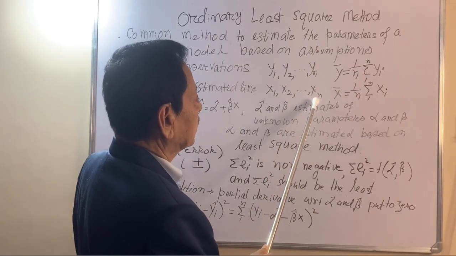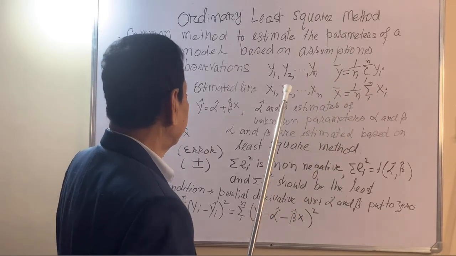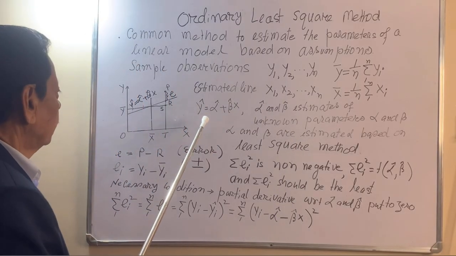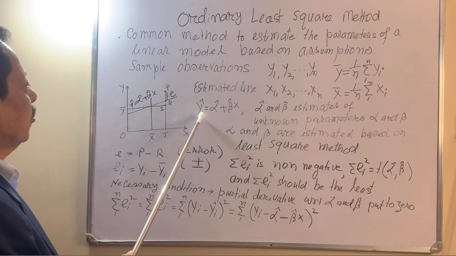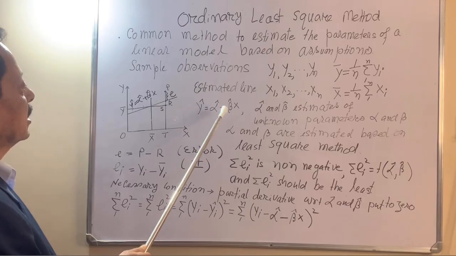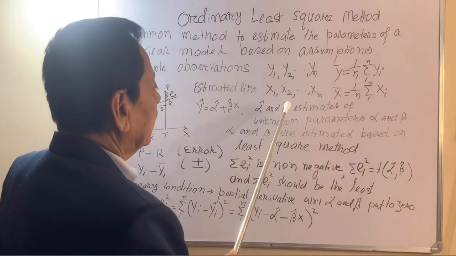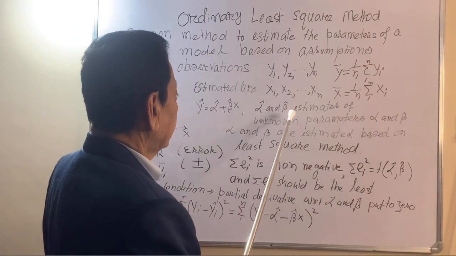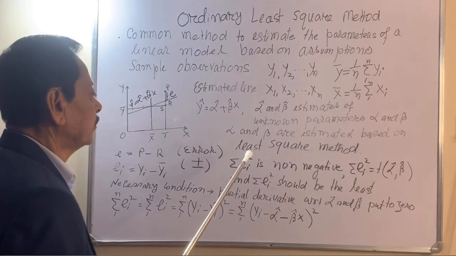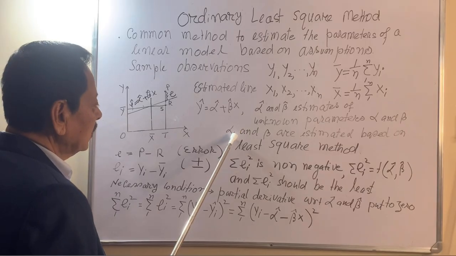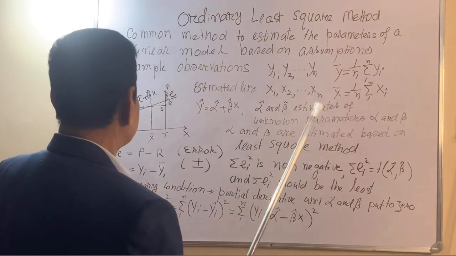Similarly, the average of x is summation xi divided by n. So the estimated line is y estimated equals alpha estimated plus beta estimated x, where alpha and beta estimates are estimates of the unknown parameters alpha and beta. These will be estimated based on the least square method.